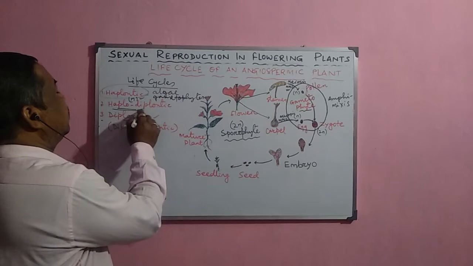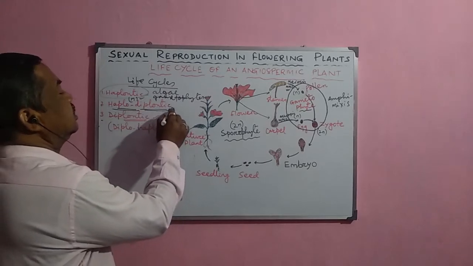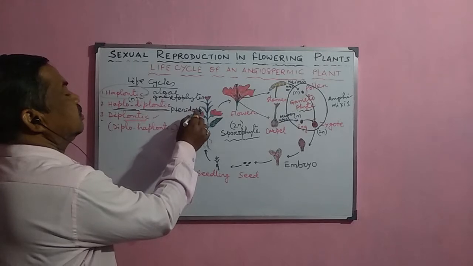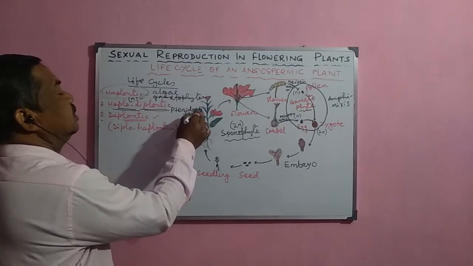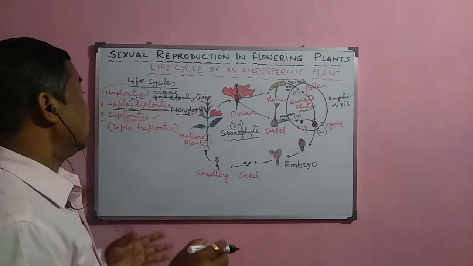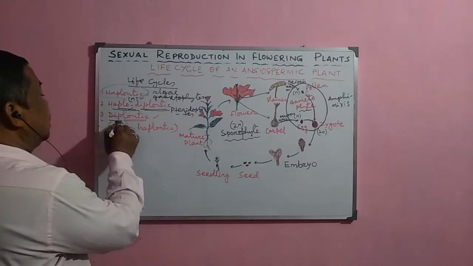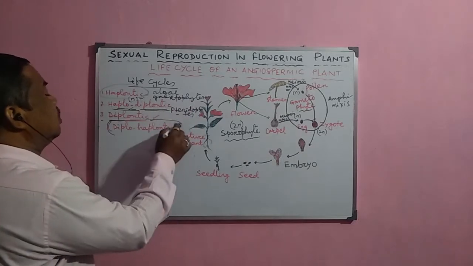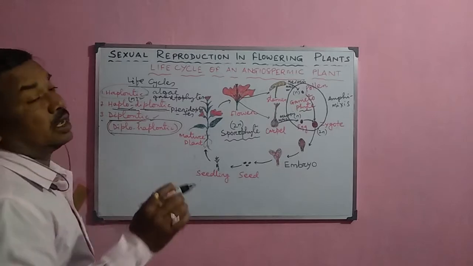Then the haplodiplontic life cycle occurs in pteridophytes like fern. But in higher plants like angiosperms, this is called the diplohaplontic type of life cycle.